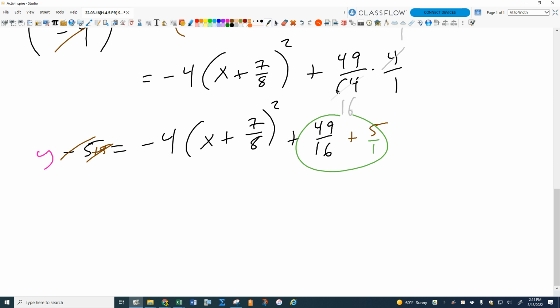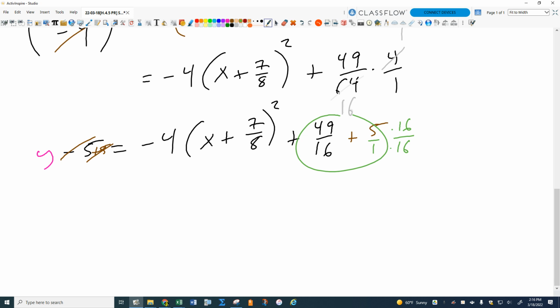I got a 16 in the bottom here. To add fractions, I have to have a common denominator, right? 16, there you go. I'm just going to multiply top and bottom by 16. And then finally, we're there.